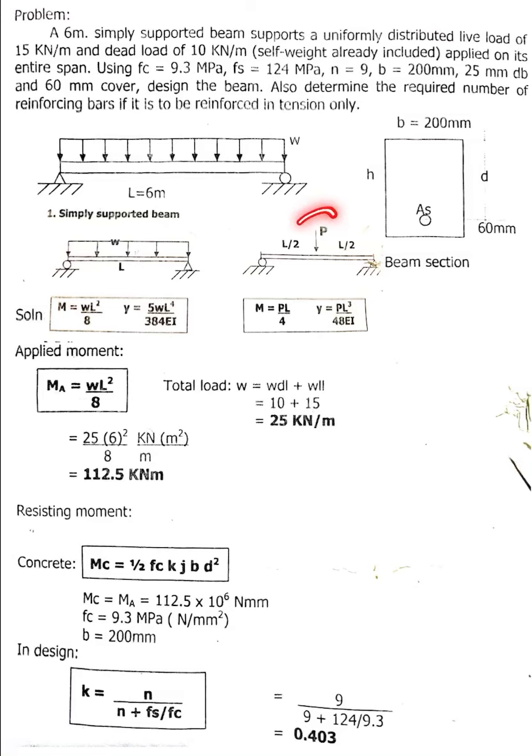Okay, and if ever you have the concentrated load P, usually that is at the center, so your moment is PL over 4. But for this problem, we only have the load W. So we'll have our applied moment, or the maximum applied moment, which is equal to WL squared over 8.